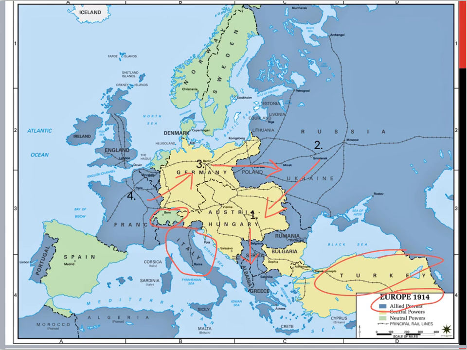So that's where we're at right now. Just to review, because of the assassination, we have Austria-Hungary declaring war on Serbia, and Russia, protecting their Slavic brothers, declaring war on Austria.